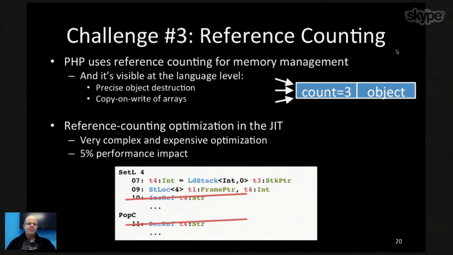This is probably one of the most expensive and complicated optimizations that we have in the JIT, but it's worth like 5% performance improvement for HHVM. So we went ahead and implemented it, and it's totally worth it. But going back to that principle I mentioned, it's complex, but it's really important, so we are willing to pay that cost.